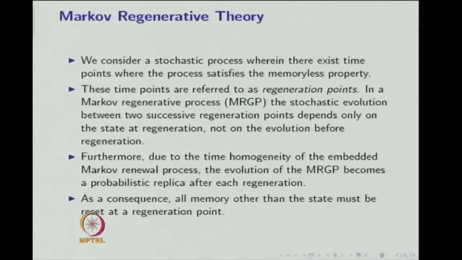Furthermore, due to the time homogeneity of the embedded Markov renewal process, the evolution of the Markov regenerative process becomes a probabilistic replica after each regeneration, because of time homogeneity, time invariant. As a consequence, all memory other than the state must be reset at the regeneration point.